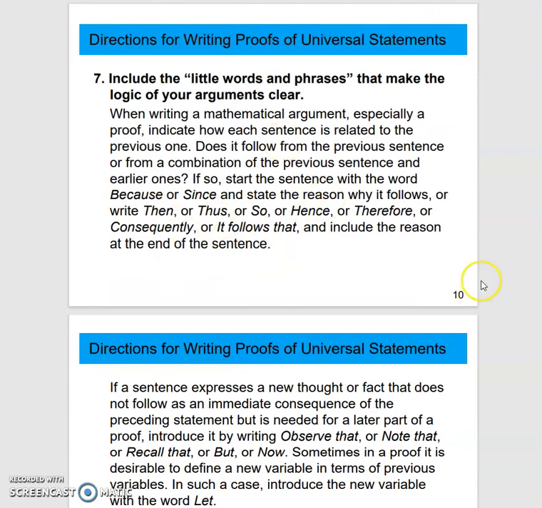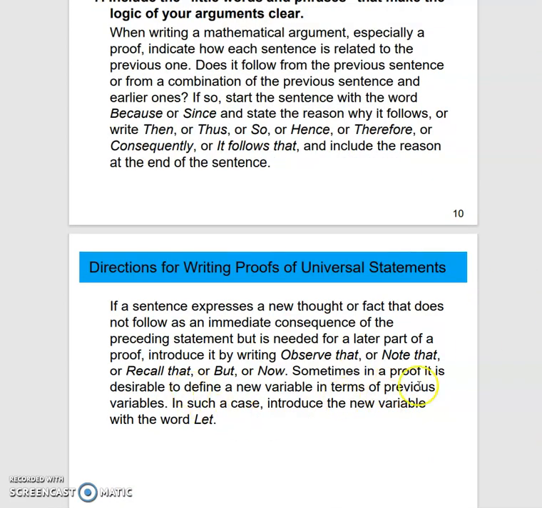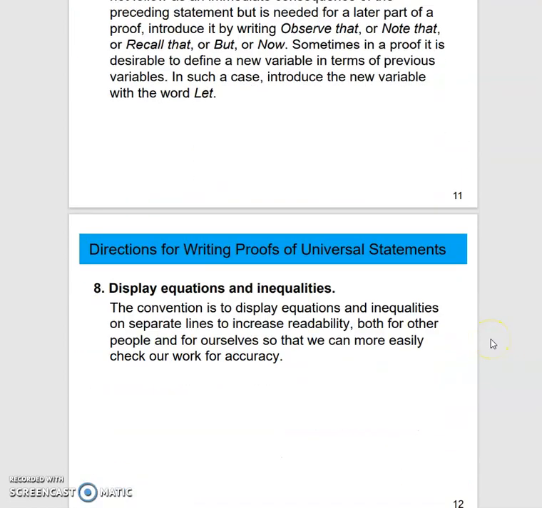Again, more little words help readers see what we're doing. We might also make little side comments in case something's not clear, or to recall something if it's been a while since we last mentioned it in a particularly long proof. And of course, any equations or inequalities, we do want to see them, and we do want to see the steps we might have to use to simplify or solve any of them.